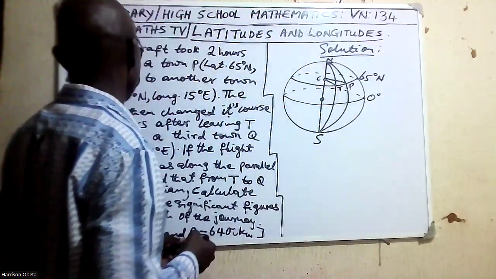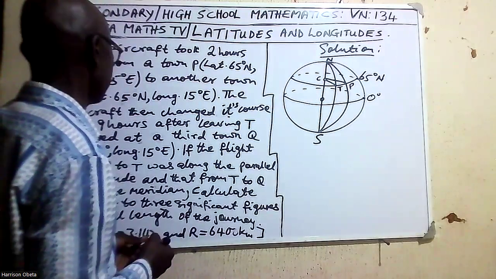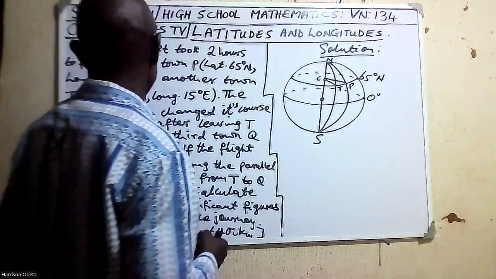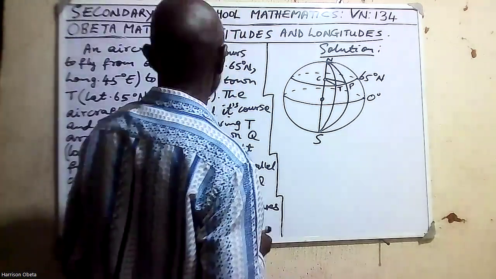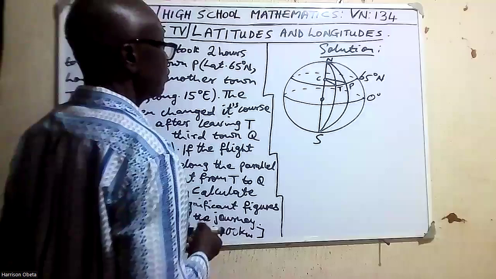Now, the aircraft then changed its course, and 9 hours after leaving T, arrived at Q. But Q is 15 degrees east, latitude 0.